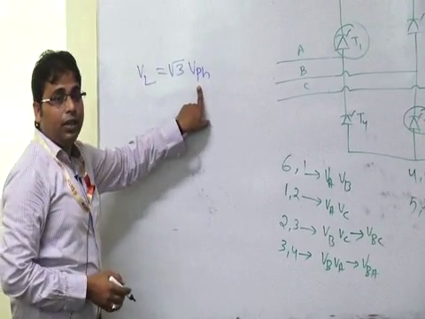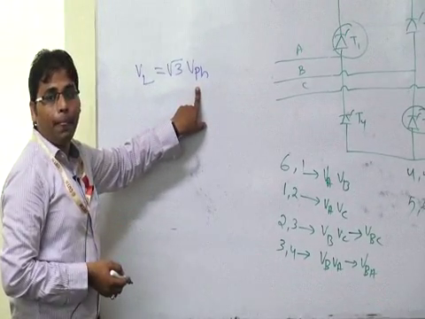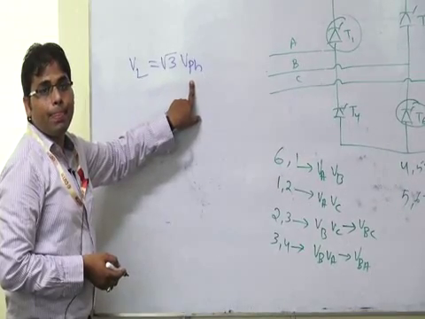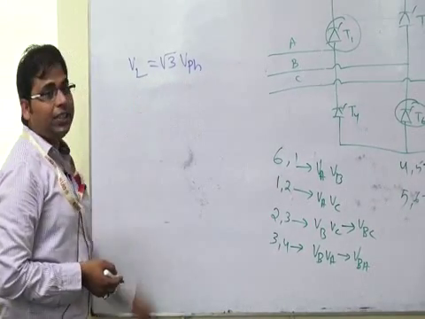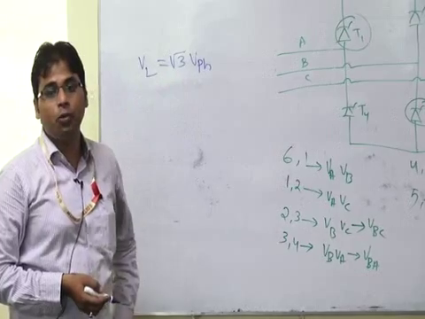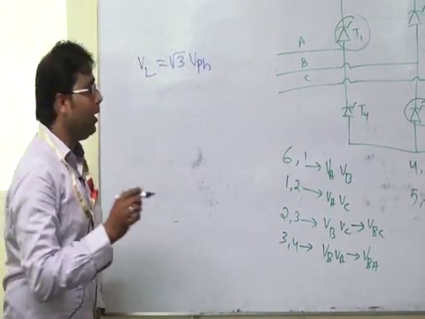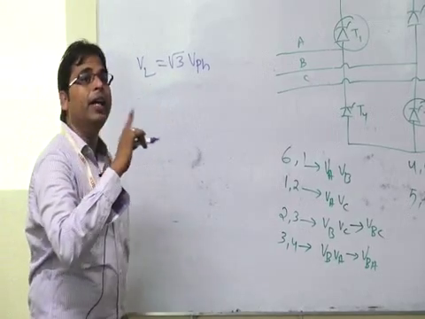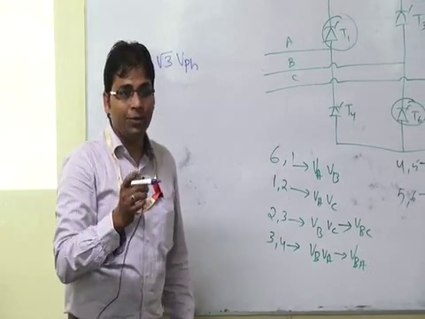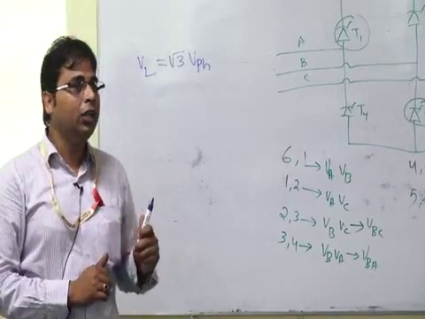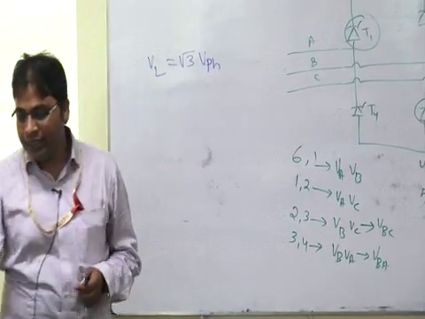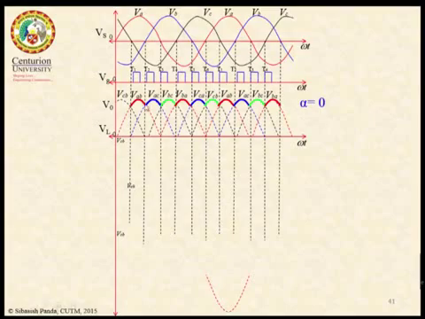So what is the difference in angle? Your line voltage will lead by how much degree to phase voltage? 30 degree. Okay. Line voltage will lead by 30 degree to phase voltage. We have to remember this point to derive the output voltage for alpha equal to 0.